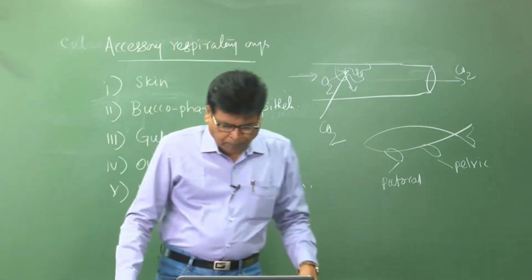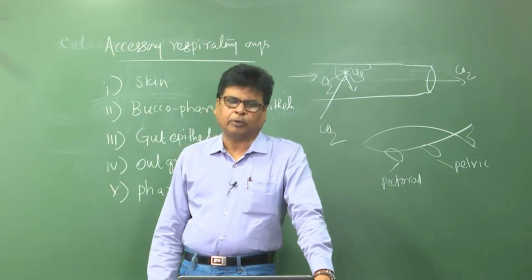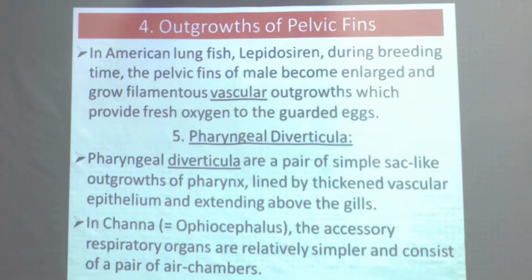Okay. So pharyngeal diverticula are a pair of simple sac-like outgrowths of the pharynx lined by thickened vascular epithelium and extending above the gills. We know the pharyngeal region. For example, you see this is the fish.